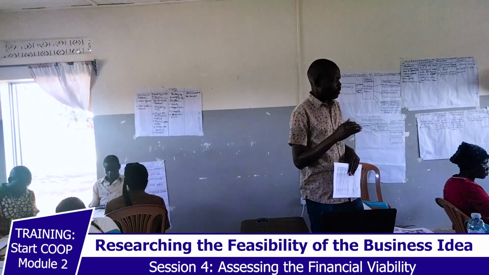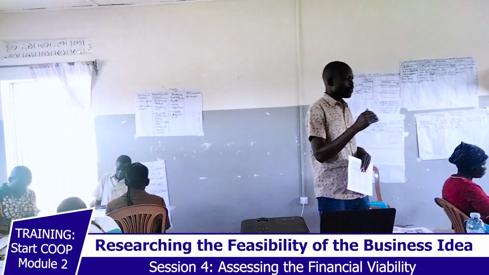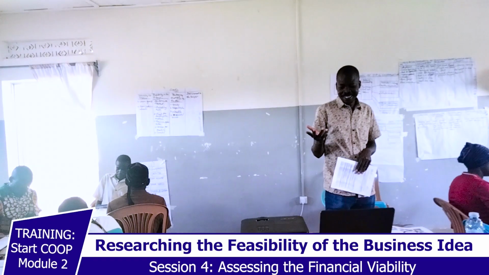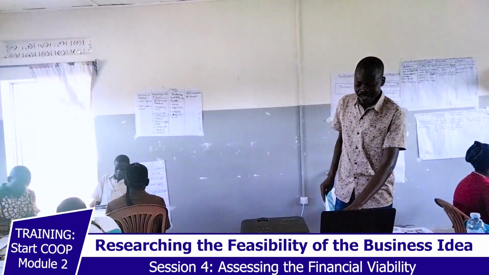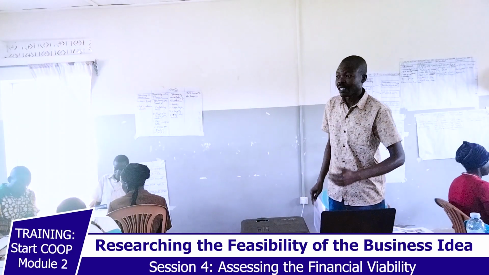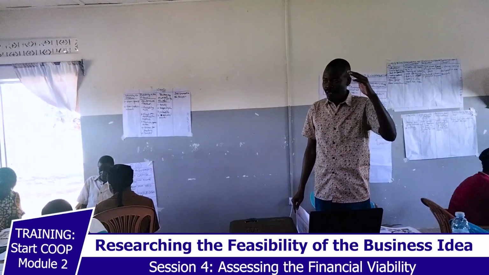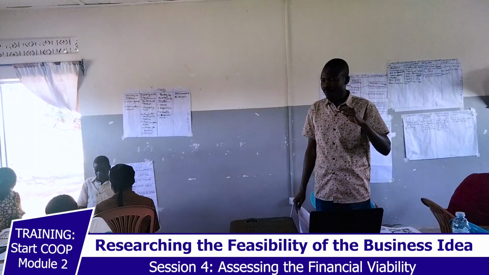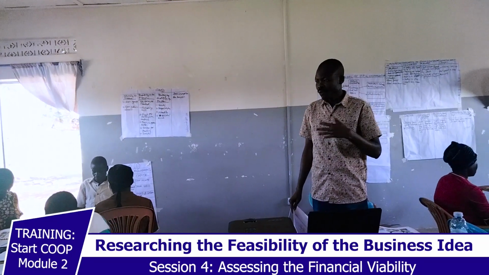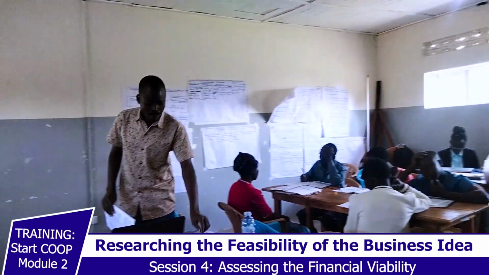So it is a good starting point, but it is not a point at which you are aiming to operate. As we continue, you will learn that to operate very well, you have to set a price above the break-even point. But the moment you reach the break-even point, it means you don't incur what? Loss. So it is a good beginning point.